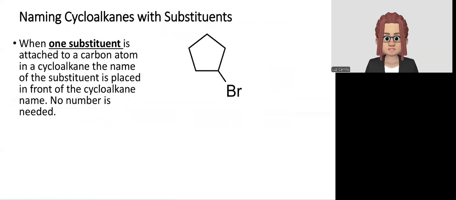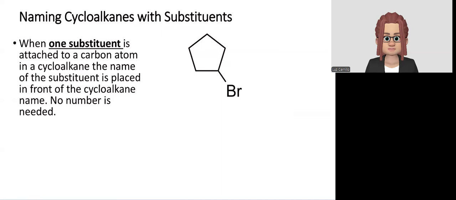Let's now learn how to name cyclic alkanes with one substituent. When it comes to naming cyclic alkanes with one substituent, understand that we are just going to write the name of the substituent and the name of the cyclic alkane. Since we have only one substituent, we don't have to put a number, because regardless of where it's sitting in the cyclic system, it's going to be on the first carbon.